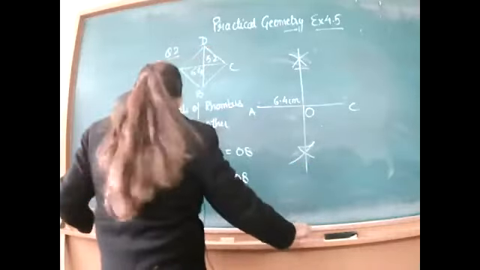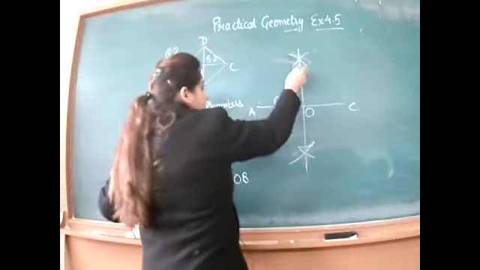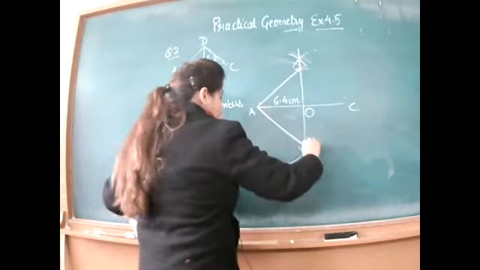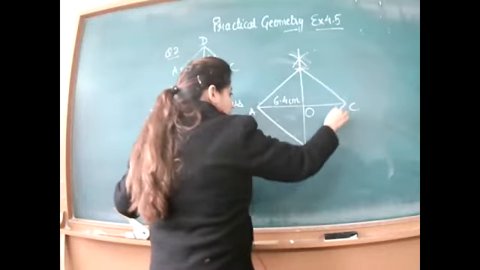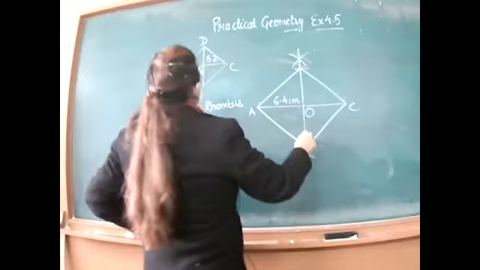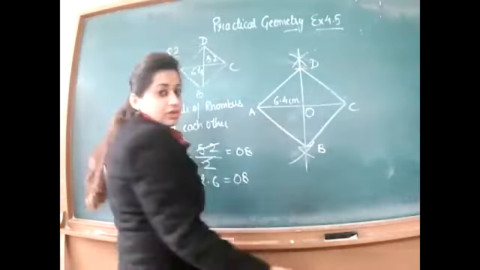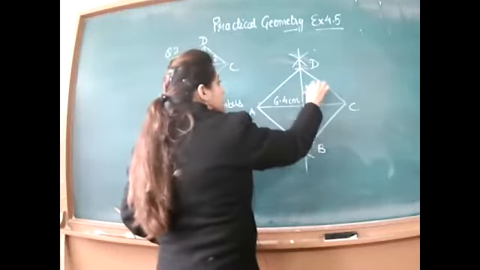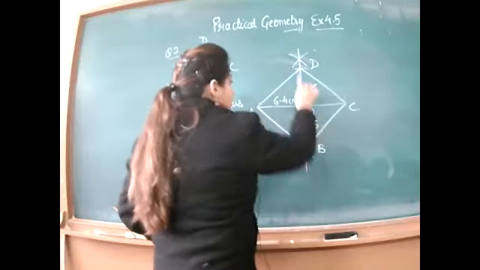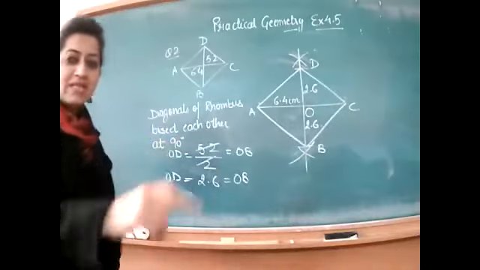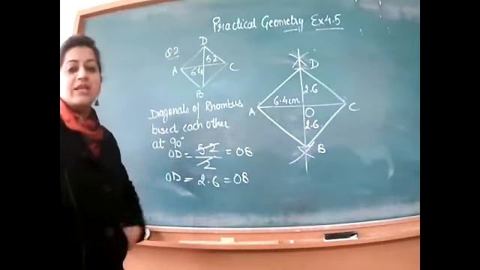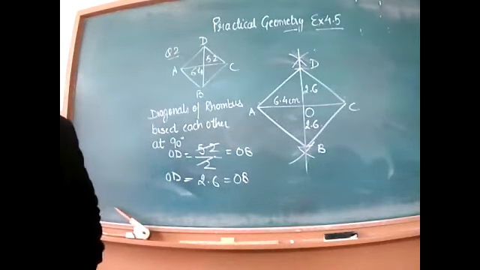Then you will join these arcs with B and D. So this is your 2.6, 2.6. So total is 5.2, base is 6.4. So you will get a rhombus ABCD.